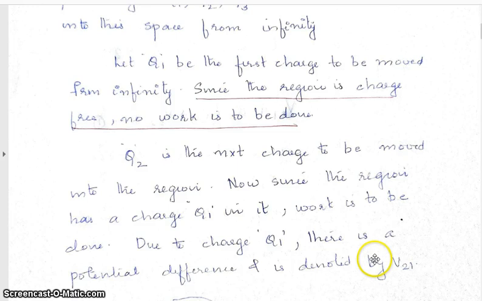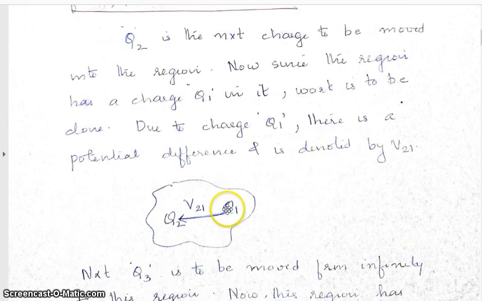Now this Q1 will enforce a potential difference on Q2, which is denoted by V21. Clear? So this is Q1 and this is Q2, and due to Q1 a potential difference is seen on Q2, which is marked as V21.